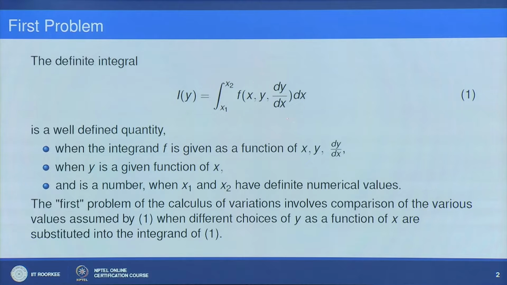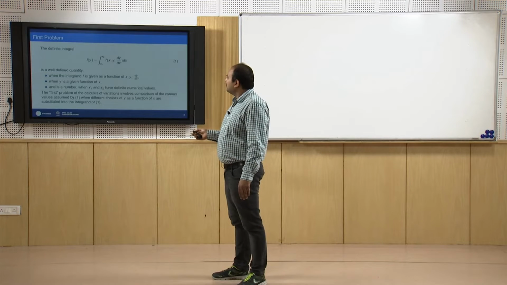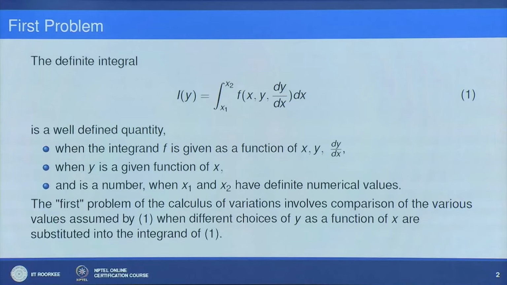We can say that the first problem of the calculus of variation involves comparison of the various values assumed by this integral, denoted by 1, when different choices of y as a function of x are substituted into the integrand of 1. It means that we have a value if y is replaced by some y1, and if we replace y by some other function, say y2, then we may have two different values of this integral.